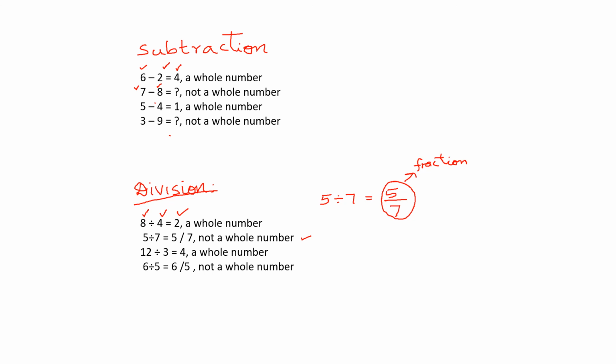So write down there. Below you write whole numbers, W-H-O-L-E, whole numbers. If you cannot see, you listen and you write.